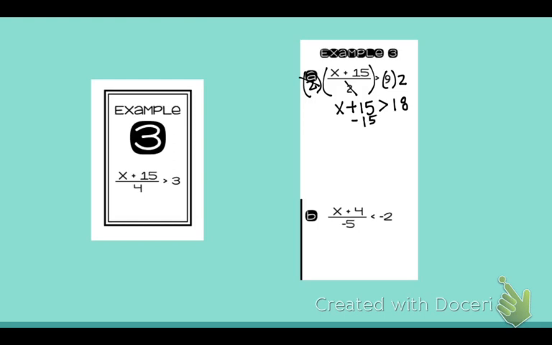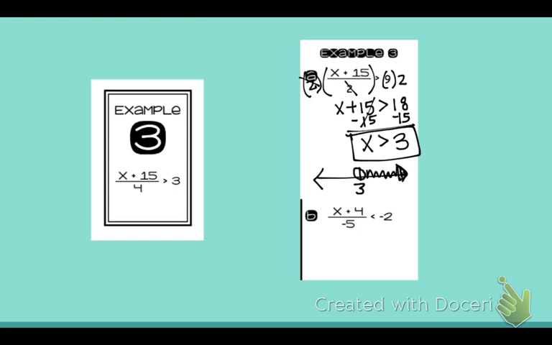Now I'm going to subtract 15 from both sides. Positive 15 and negative 15 cancel. So I have x is greater than 3. No flipping of the symbol because I did not multiply or divide by a negative. So my solution is all the numbers that are to the right of positive 3.